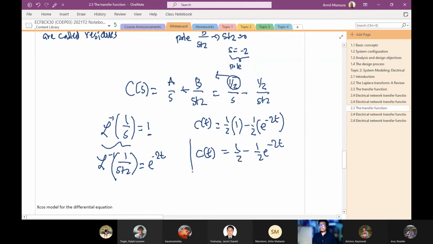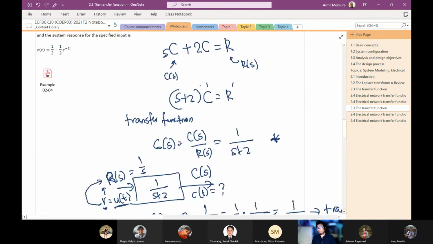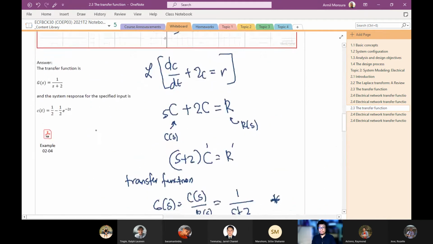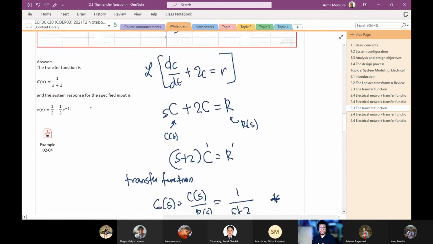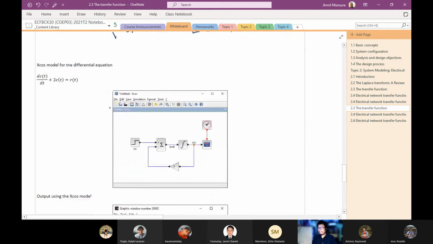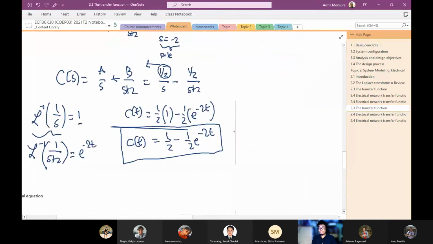Okay, tingnan natin yung response. Now since yung system natin wala namang binigay kung ano siya, hindi naman sinabi kung ano yung system natin, hindi natin alam kung anong quantity ang nire-represent ng output. We don't know what quantity does the output represent. So therefore, wala tayong unit na ilalagay dito sa C of t.